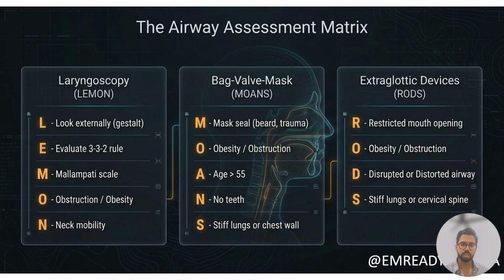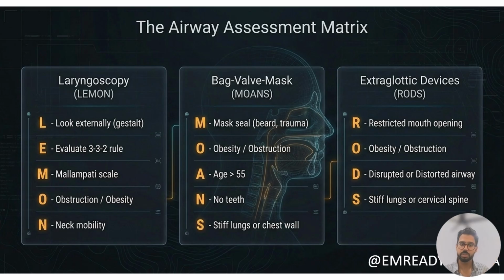So when we're looking at airway and anticipating possible difficulty or challenges in establishing your airway, there's a couple of different tools that we can use in terms of the airway assessment matrix. There's three different acronyms here that we should be well aware of: LEMON, MOANS, and RODS.